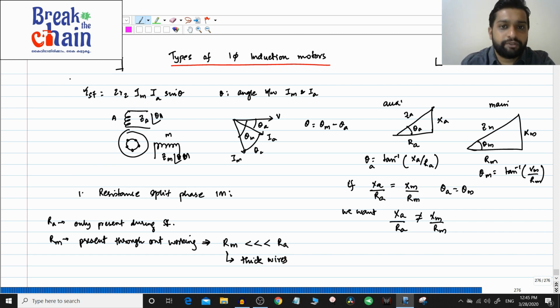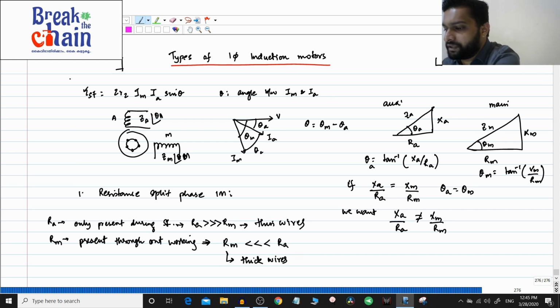It is not that you must make Ra high resistance, but then you have to use thick wires, which are comparatively more expensive than thin wires. So Ra is greater than Rm. For making Ra, you use thin wires as opposed to Rm, which is usually made up of thick wires.